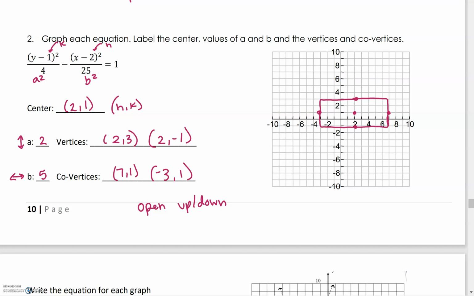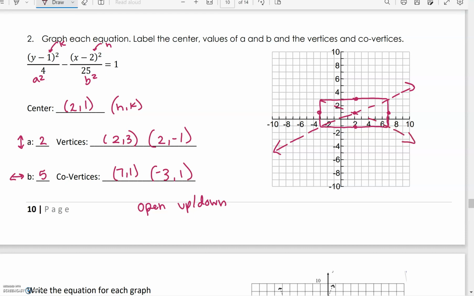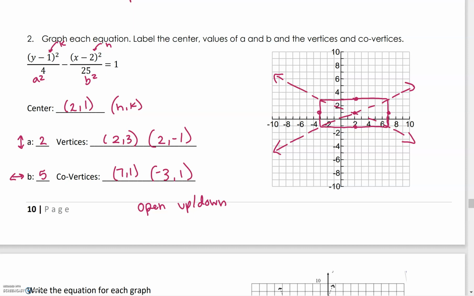And then we're going to draw our dashed line. And then we are, again, up and down. So we're going to go through this point here and draw our hyperbola.